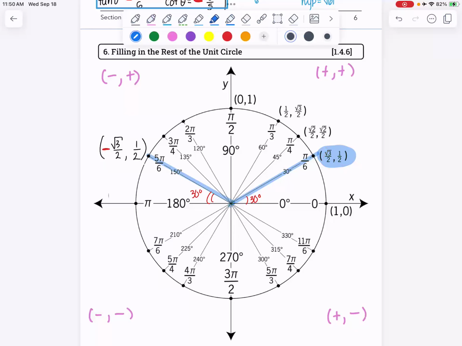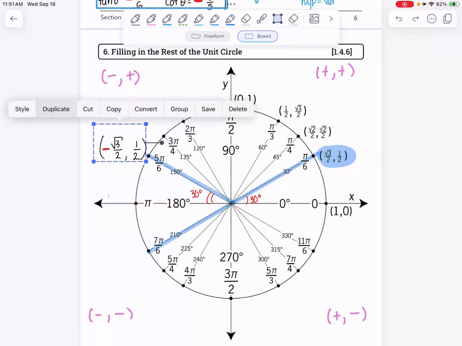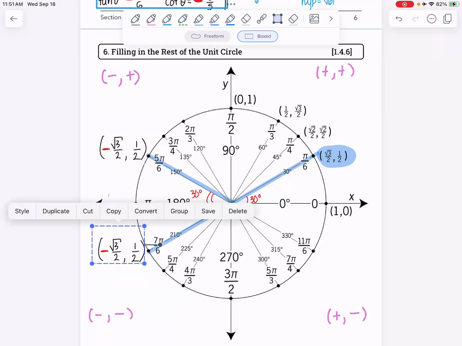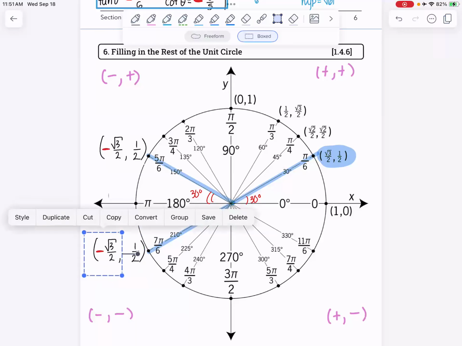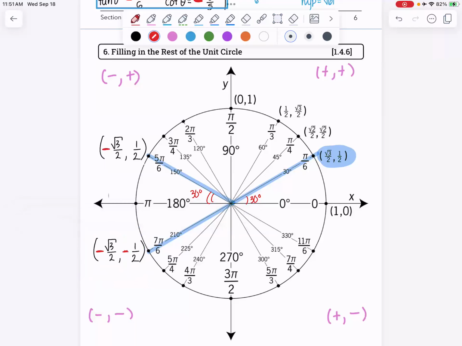Notice as well, this 210-degree angle. This is also going to be a 30-degree reference angle. There's 30 degrees between 180 and 210. So he'll also have this same value, but both x and y will be negative. So let me just move him a little bit further away and make him negative. And you can kind of see where this is going, yeah?